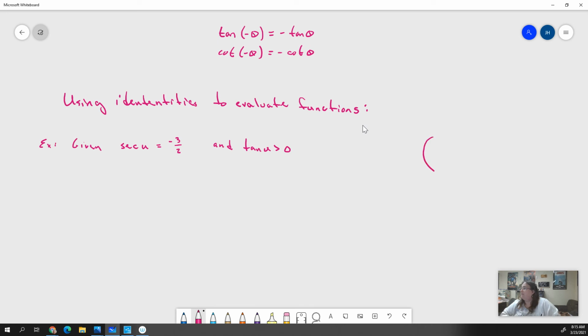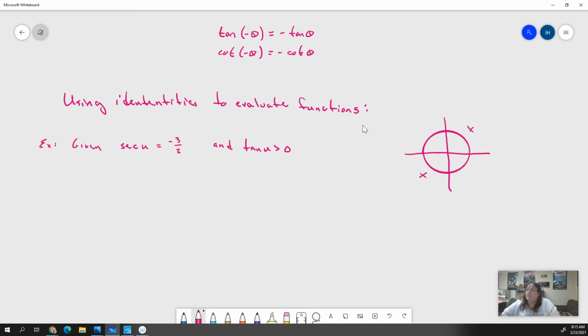So we need to look at where tangent is positive. There are only 2 areas where tangent is positive: when x and y are both positive, or when x and y are both negative. So here tangent would be positive, and here tangent would be positive.